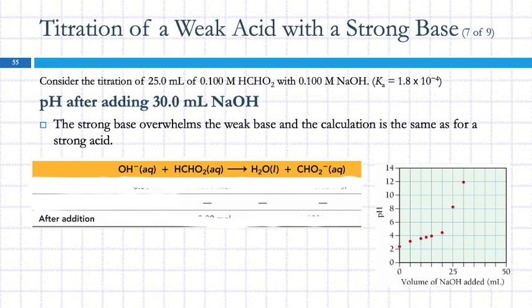Well, 30 milliliters times 0.1 is the number of millimoles of hydroxide. So that's 3.00 millimoles. And 25 milliliters of 0.1 is still 2.50 millimoles.